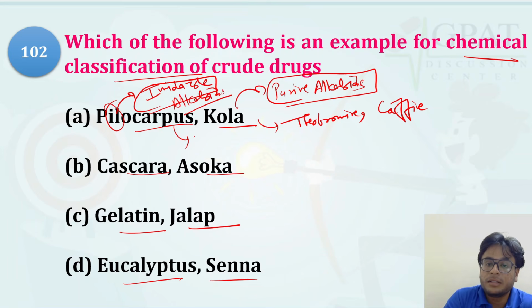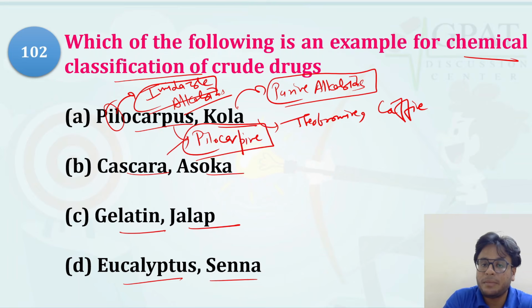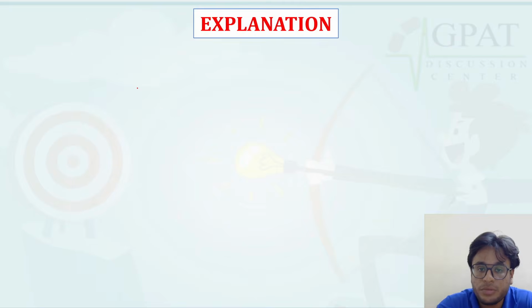The biological source from which the pilocarpine is isolated is the Pilocarpus jaborandi. So they are asking about the chemical classifications. Yes, the Pilocarpus and cola will belong to the same chemical classification. So A is going to be the correct option.